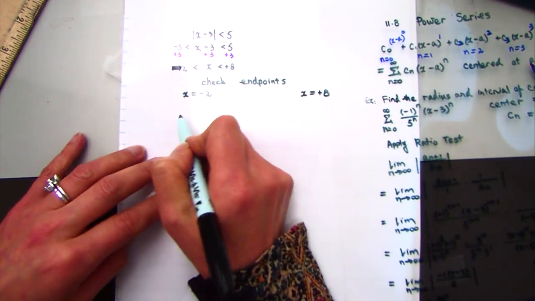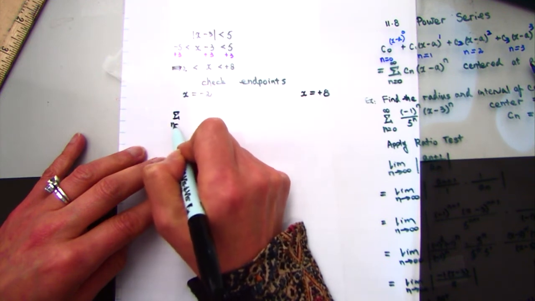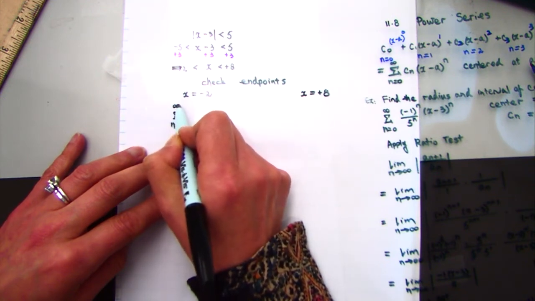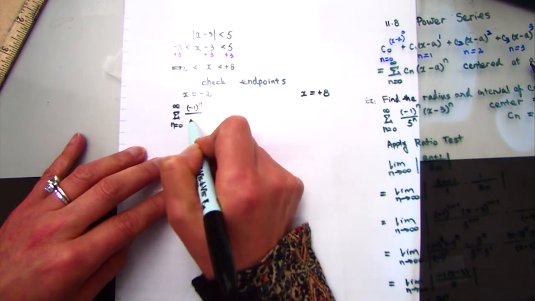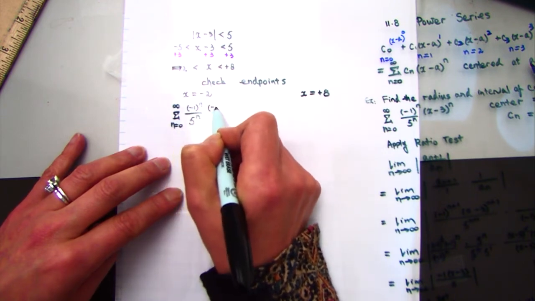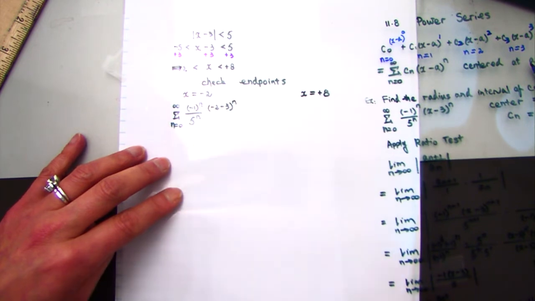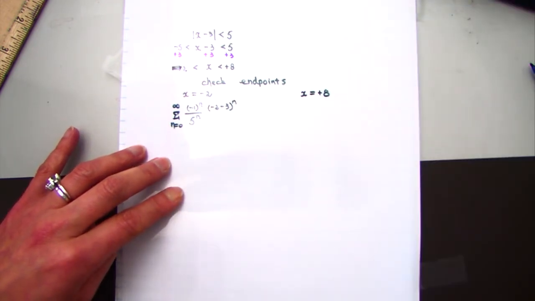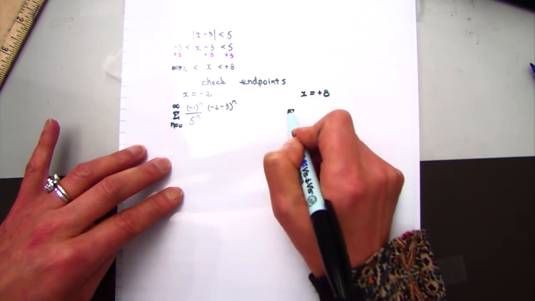Plugging in. Alternating signs, 5 to the n, negative 2 minus 3 to the n. I usually do assembly line and do the other one at the same time.